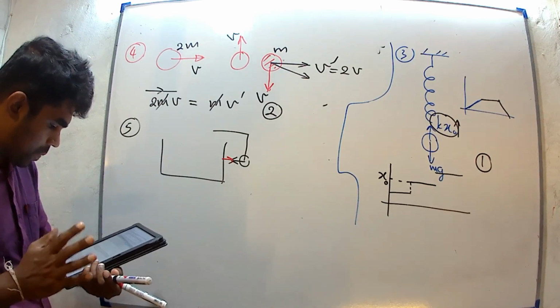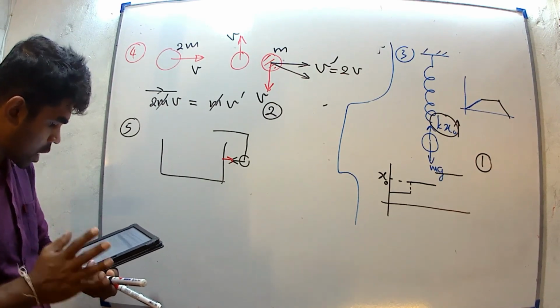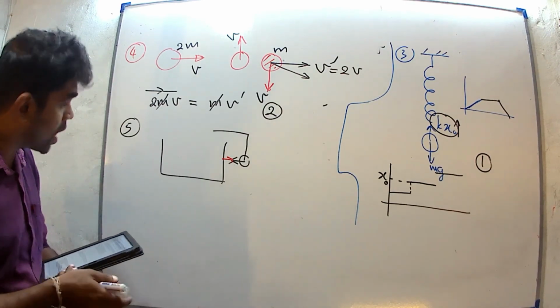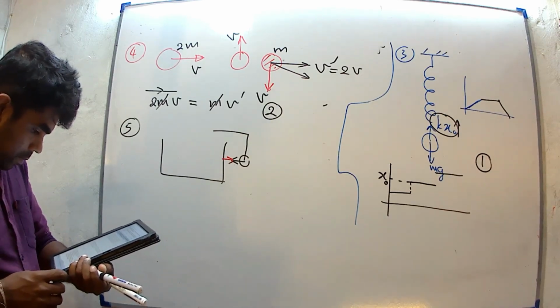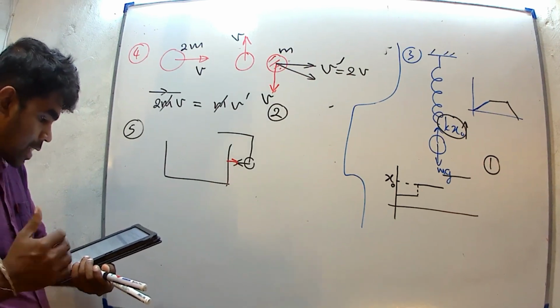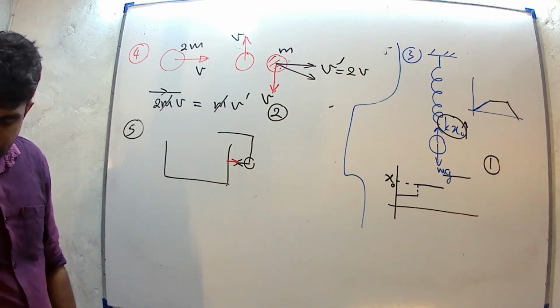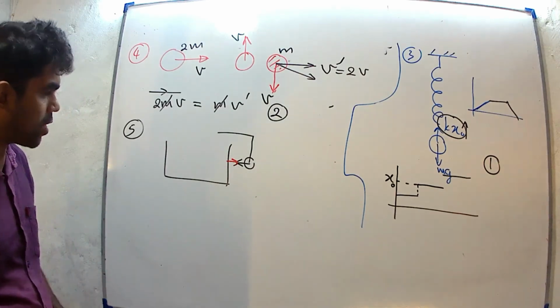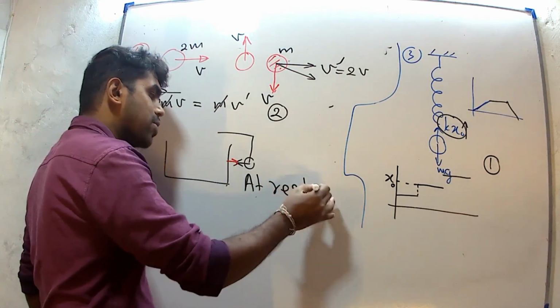Therefore, it should be at rest or moving with a constant velocity because the acceleration should be 0. But they have not given that there is a movement. Therefore, the system should be at rest. Write the answer as at rest.